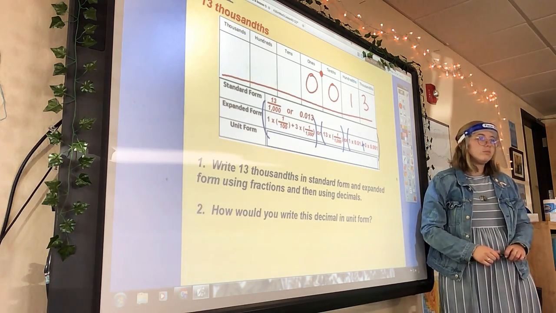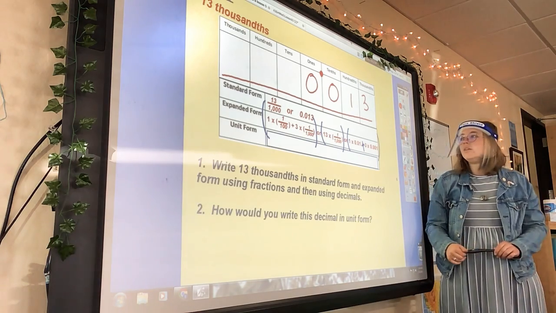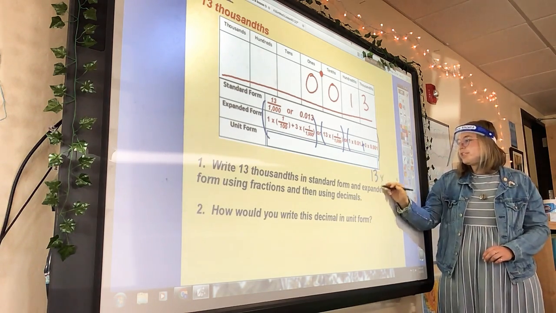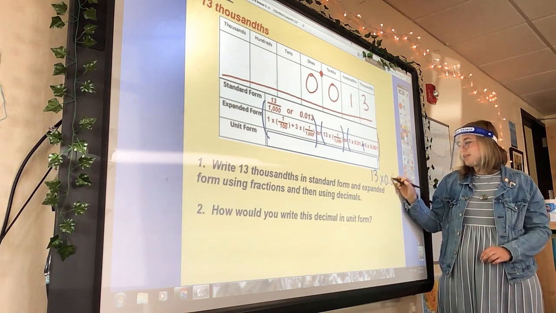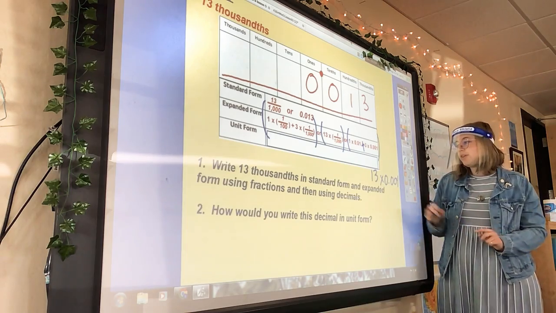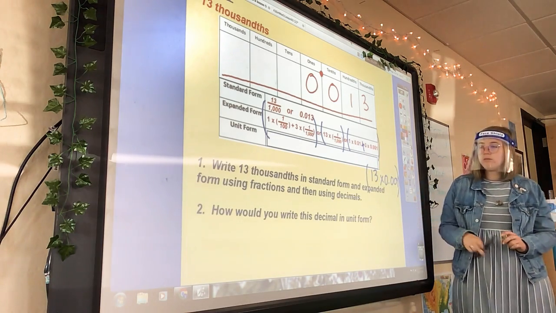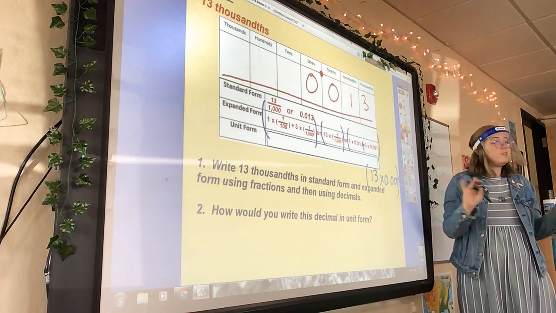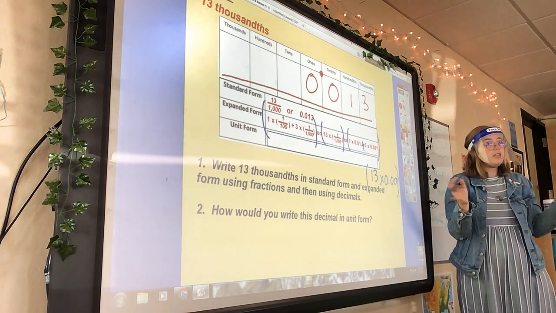Wouldn't it just be like 13 times 0.00? You could do 13 times 0.001. It has to be 0.001. So you could also do that. Why do you add a 1 at the end? Because if it was 0.000, that's nothing, right? So that would just be 0.